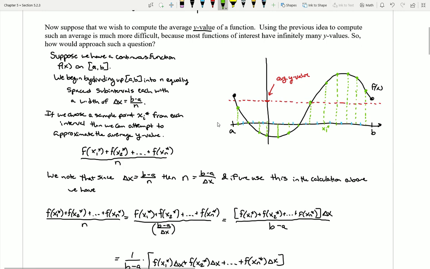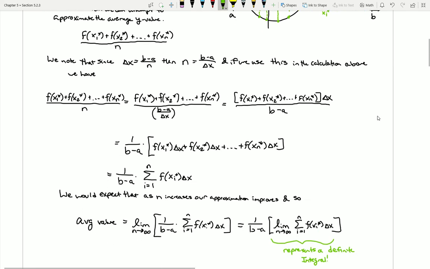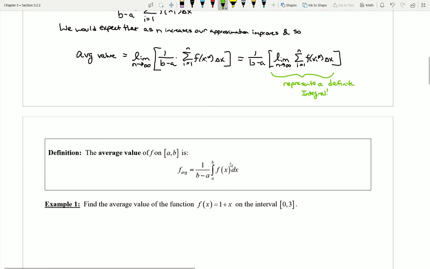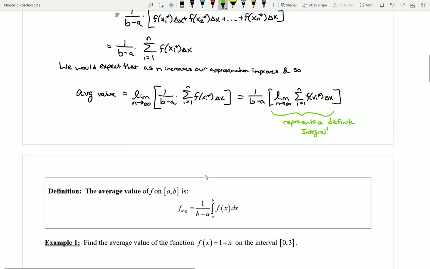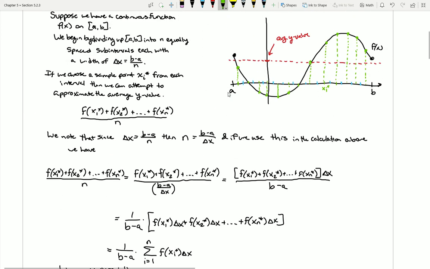You could find the average height of a function by finding the area under the curve and then multiplying by 1 over, what, b minus a would be the length of the interval. Oh, so if you want to find the average y value, very obvious. Find the area under the curve and then just divide by the length of the interval. What? That's so weird. How does that make sense intuitively? It really doesn't make much sense intuitively.